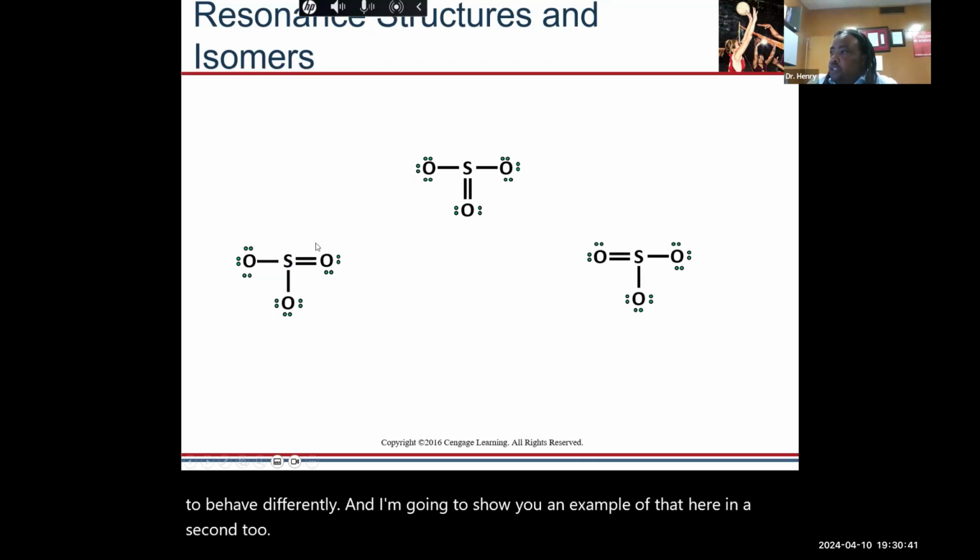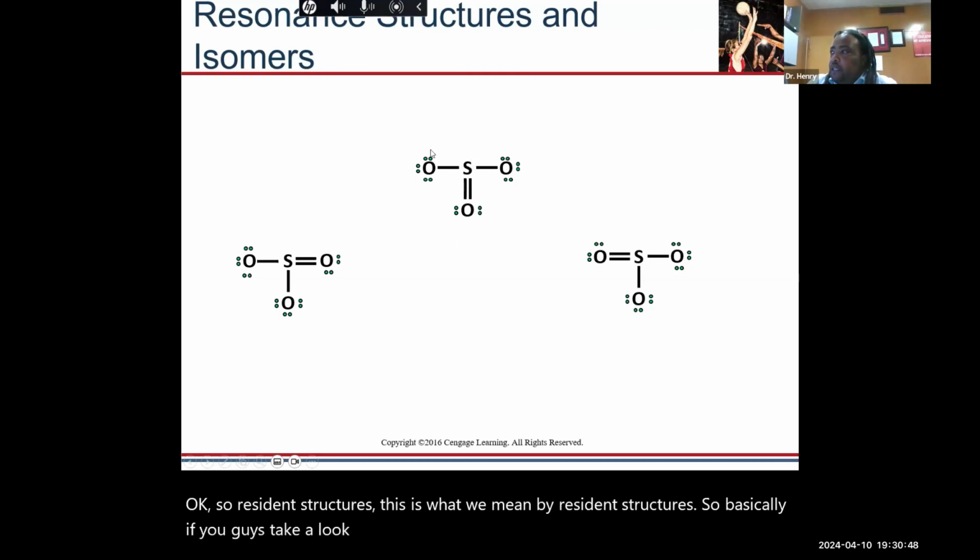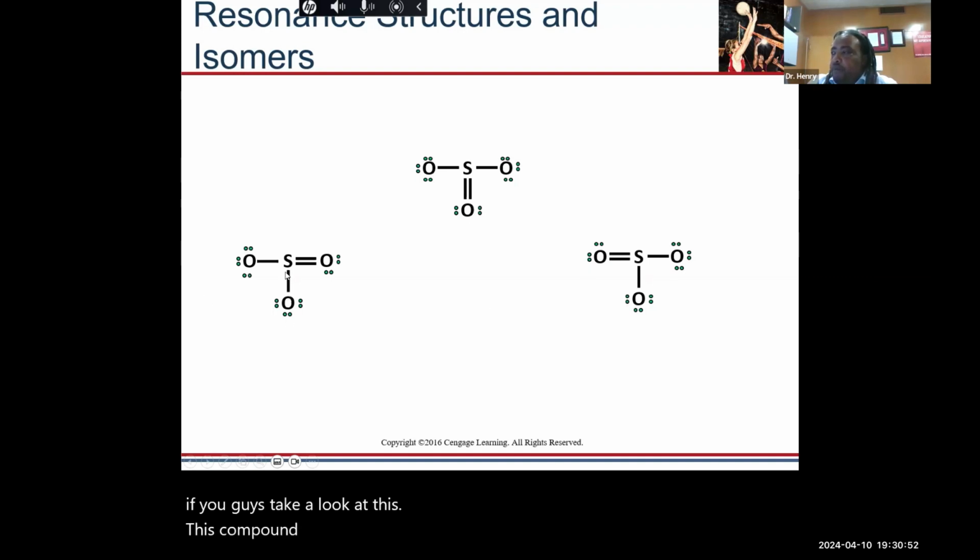Okay, so this is what we mean by resonance structures. If you take a look at this compound, this compound, and this compound, in this case we have, I guess, sulfur trioxide.